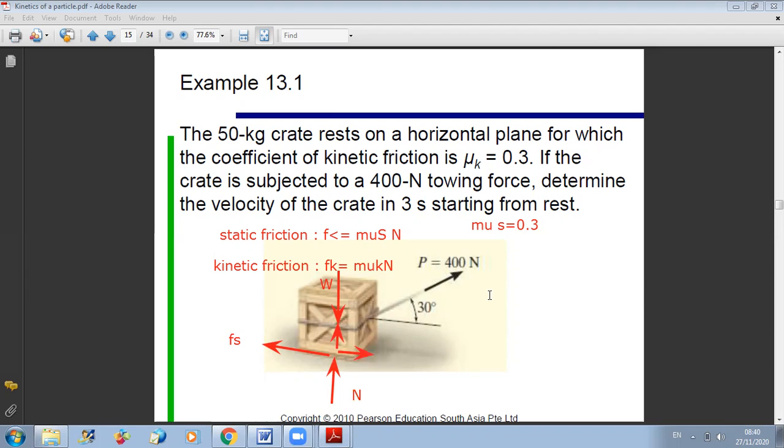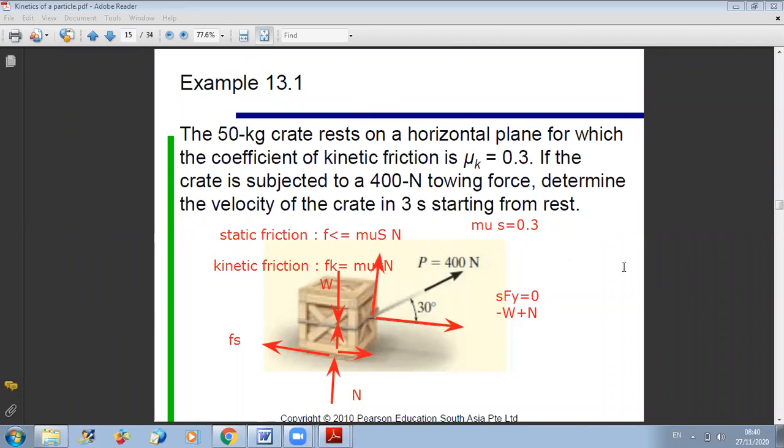So I can write that the sum of Fy equals 0. Now what do we have along Y in this problem? We have minus W plus N, and what else? Do not forget P. You should project P on Y and X. This is the X component of P, which is P cosine 30, and this is the Y component, which is P sine 30.